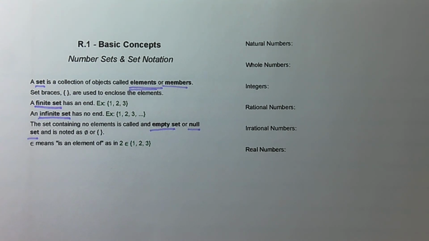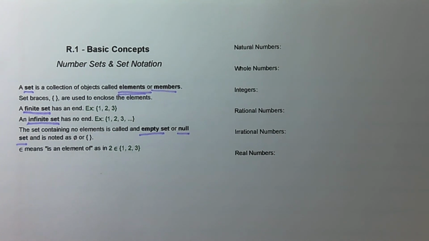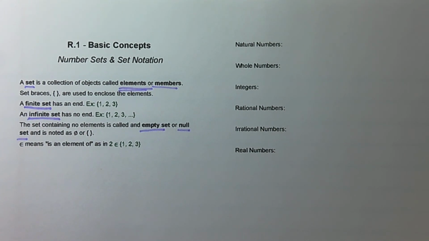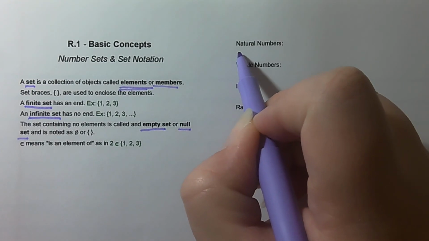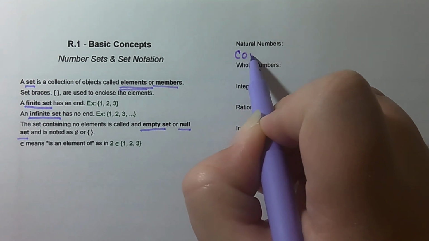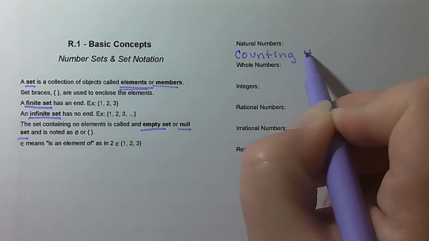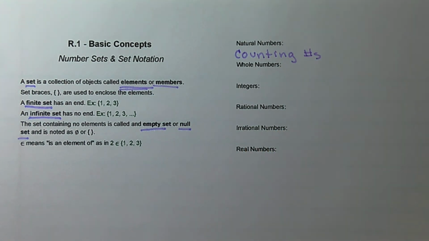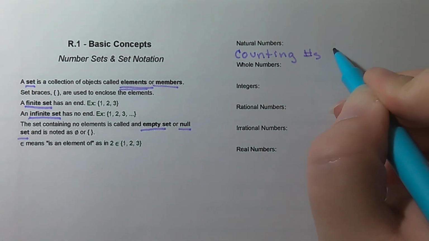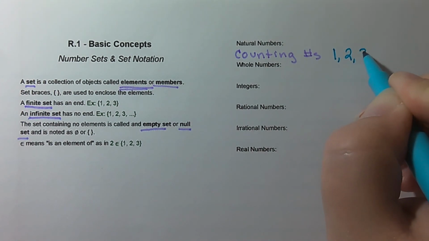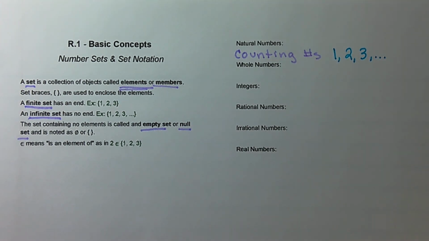Going over number sets, natural numbers are essentially our counting numbers. If you were to naturally start counting, you're looking at things like 1, 2, 3, and so on.